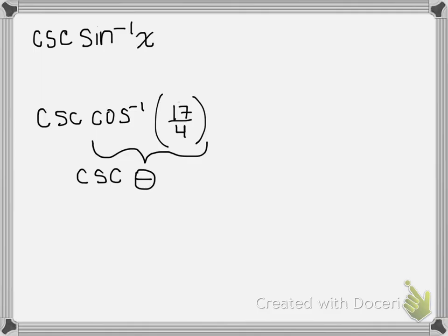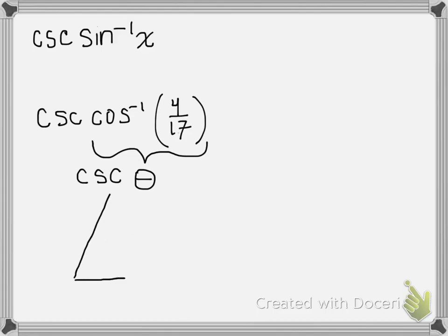And this angle is the inverse cosine of 17 over 4. All right, I'm doing this backwards. I can't use 17 over 4. Let's go 4 over 17. That will work. So if I've got the inverse cosine of 4 over 17, that's some angle such that the adjacent over the hypotenuse, that's not a great scale there.